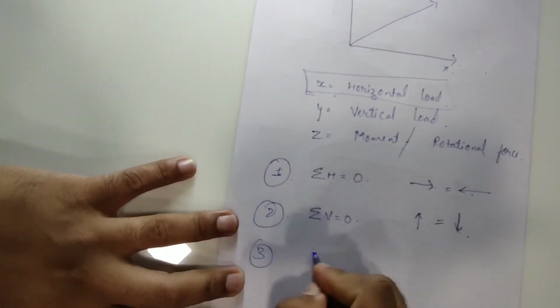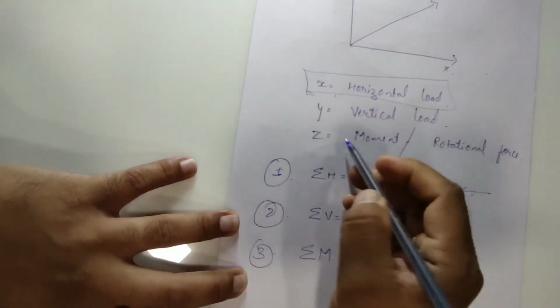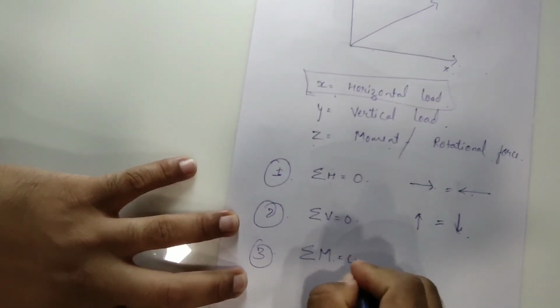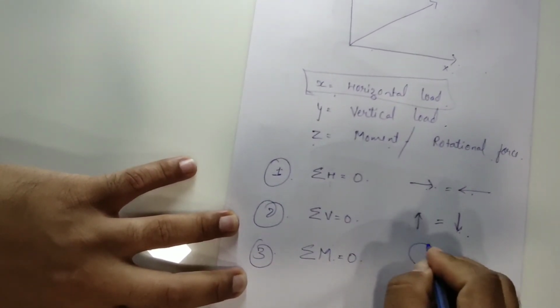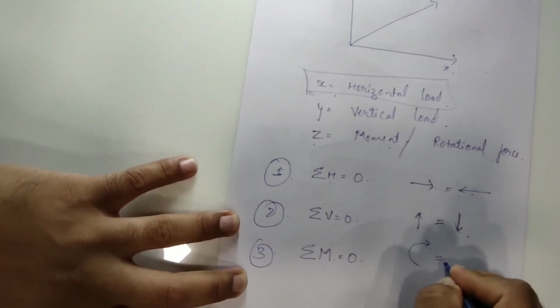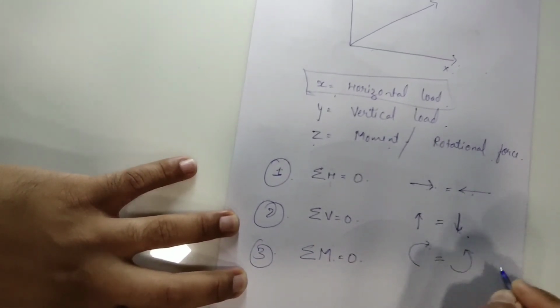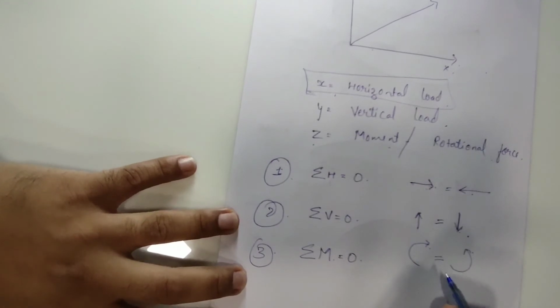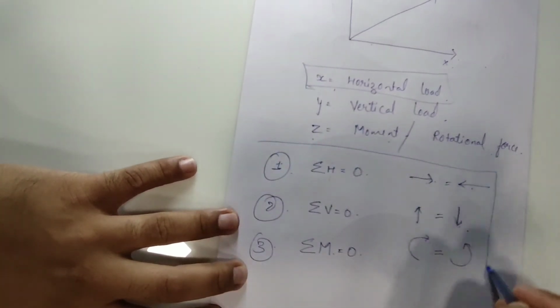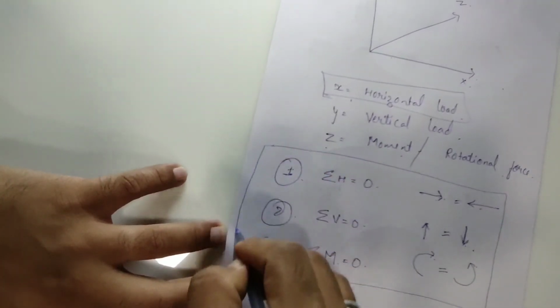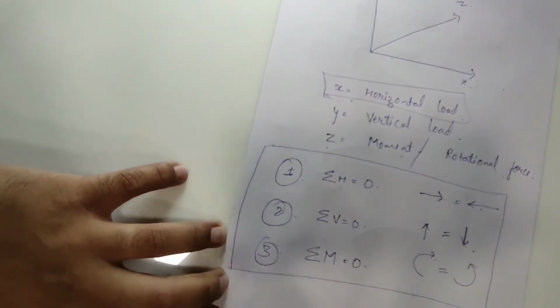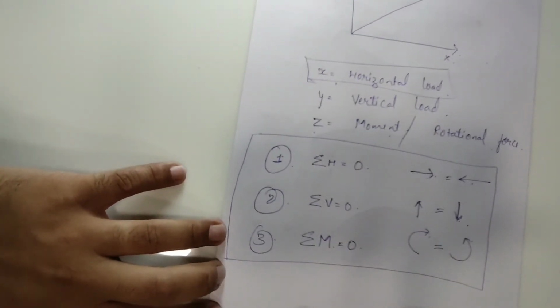Now the third one is summation of all the moments, your rotational force, should be 0, means the forces coming in a clockwise direction should be equal to the forces coming in an anti-clockwise direction. So these are the three conditions which are required to solve any kind of example of your structure.